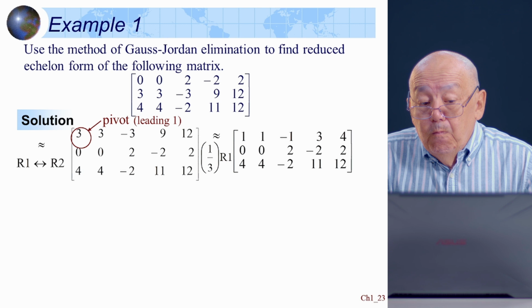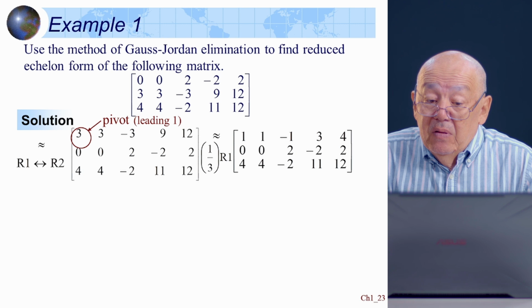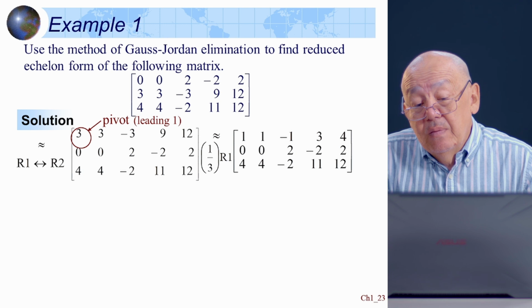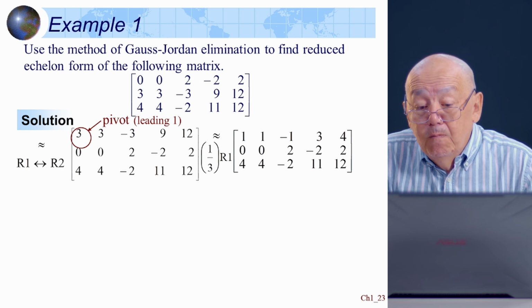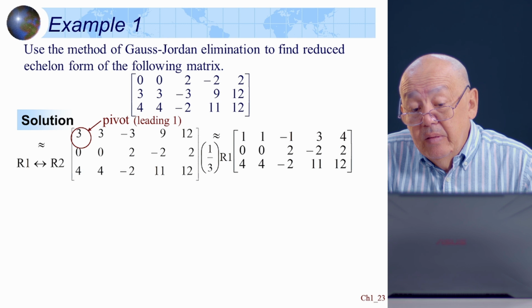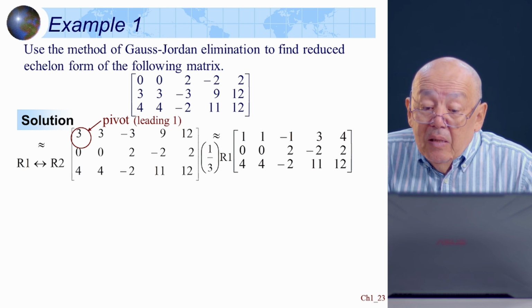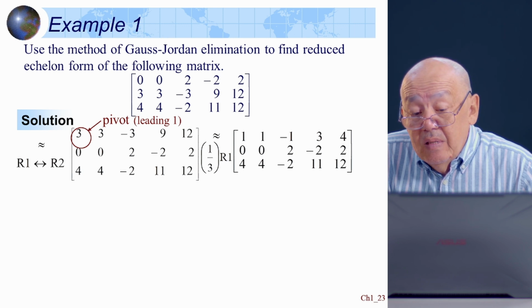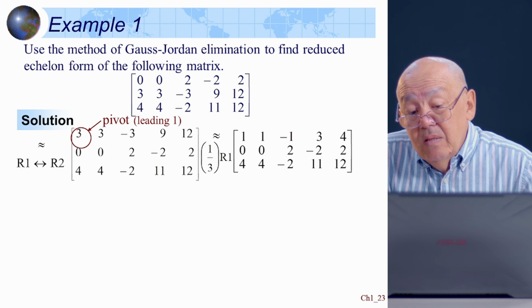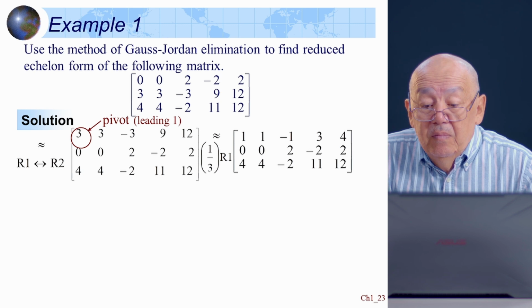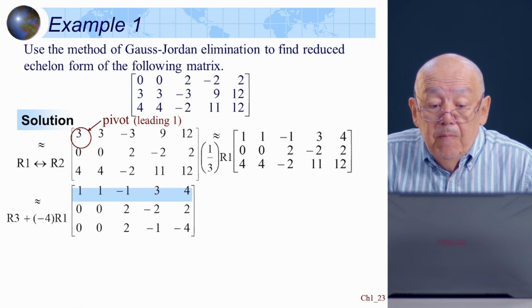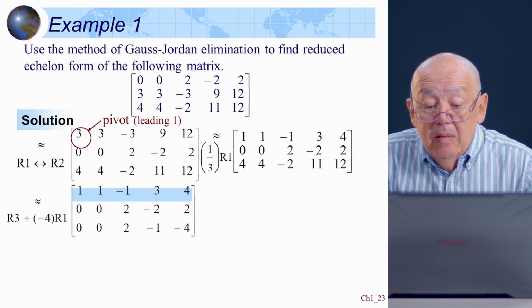The pivoting element is 1, leading 1, and we use this 1 to make the other entries of the first column 0. We need only annihilate the first element of the last row, by subtracting: R3 minus 4 times R1. Okay, and we get this matrix.